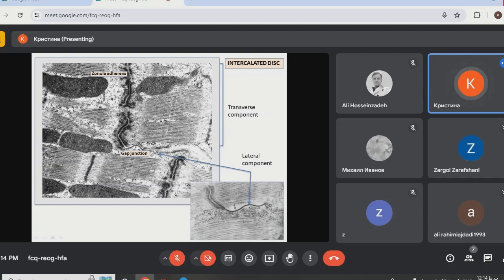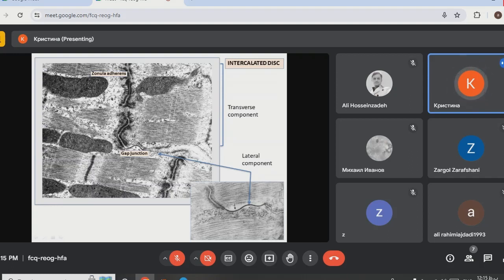In the horizontal or lateral component of the intercalated discs, we usually have gap junctions. The same is here. This is the area where two membranes of the cardiomyocytes come close together. So here you can see the membrane of one cell, the membrane of the second cell, and they come very close together to form nexuses or gap junction in this area.